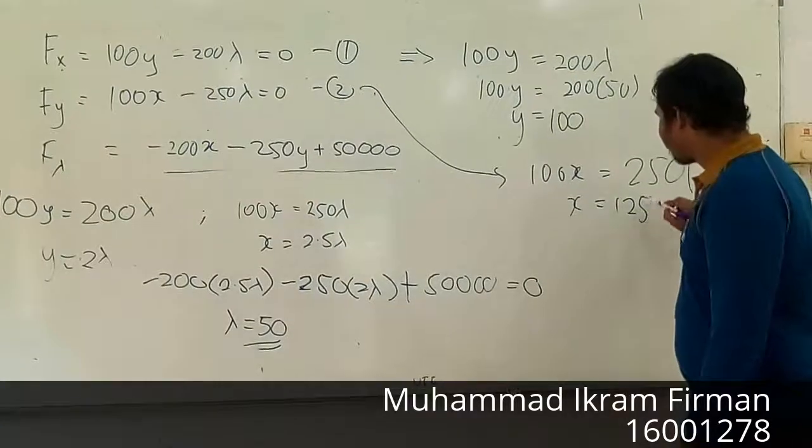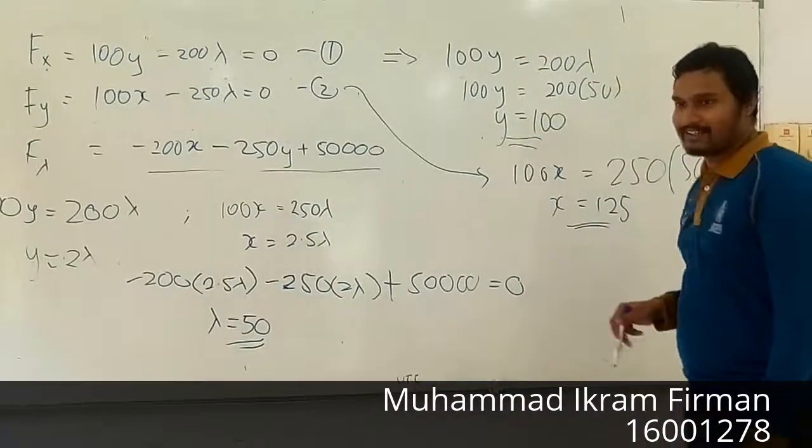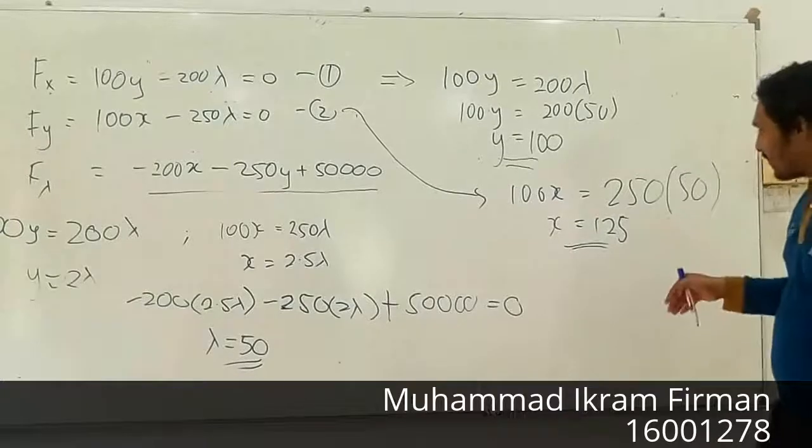After getting the values of x and y, we substitute them into the initial function to find the maximum production with the given constraint.